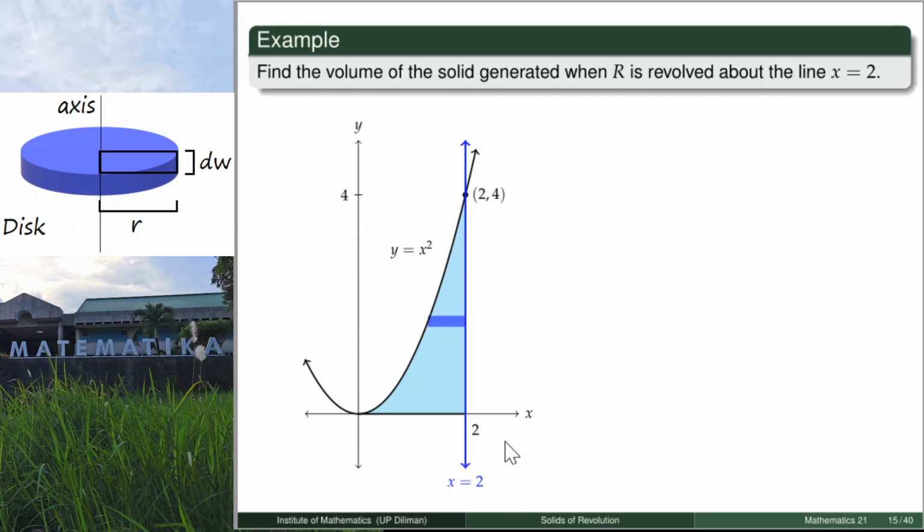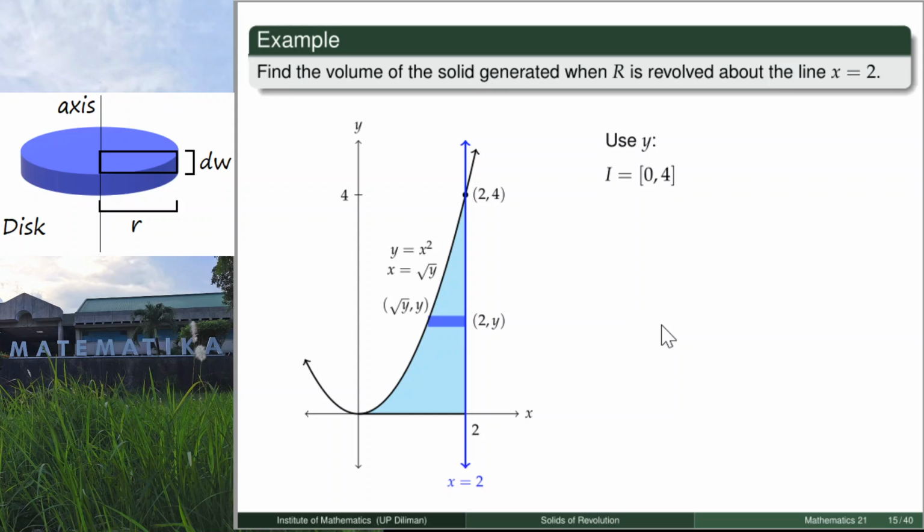That means we have discs. So since we have discs, our next question is, do we use the variable x or variable y? Since this is a horizontal rectangle, we have variable y. Okay. So variable y means our interval is from y equals 0 until y equals 4. Okay. And next, what about our radius?